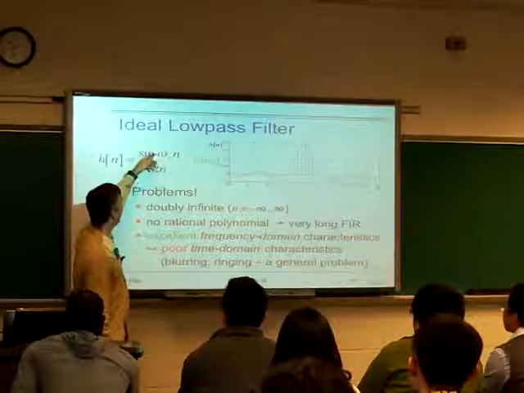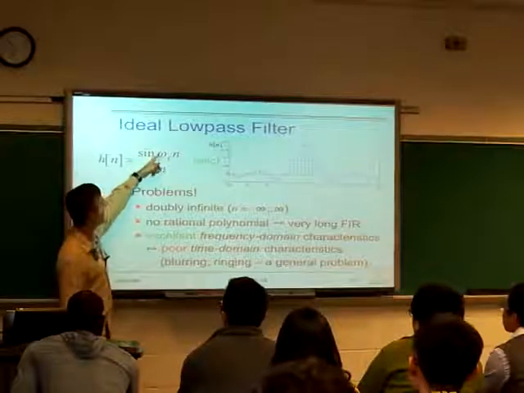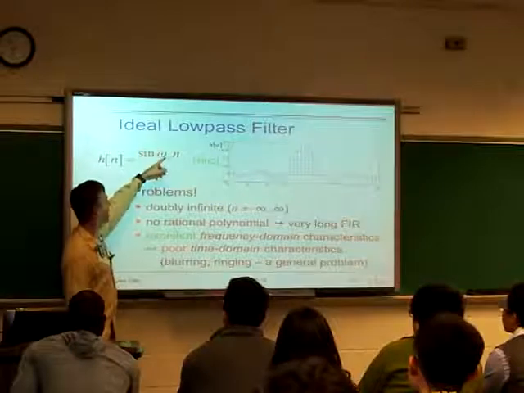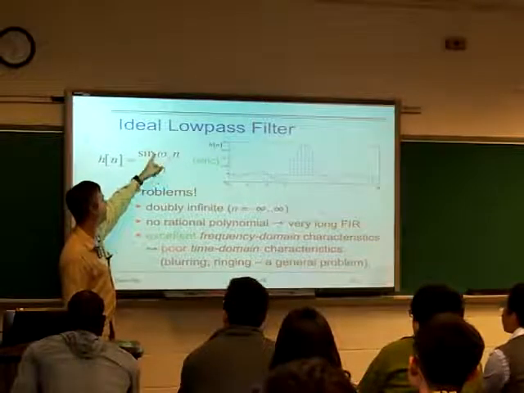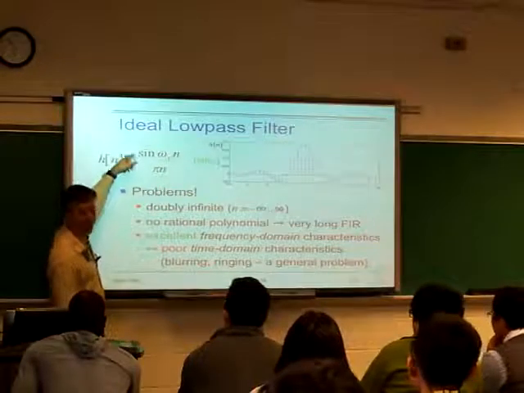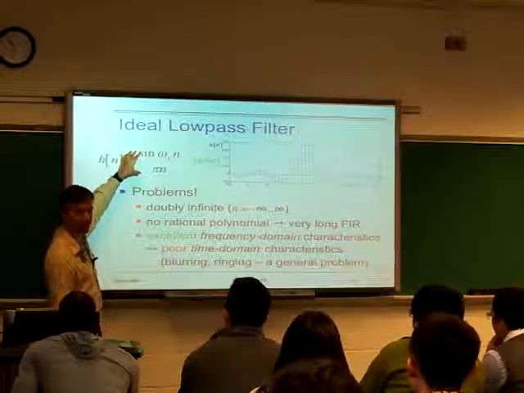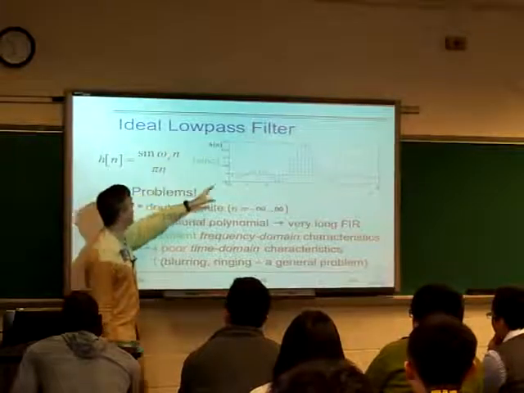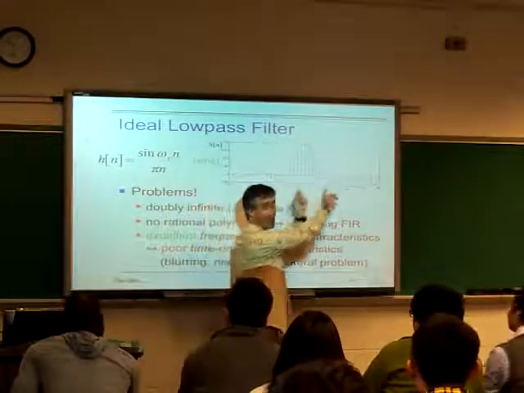But if we normalize omega c to pi times some normalization factor, then we could put that on top, and it'd just be a scaling factor at the front here. The number in here is important because that's basically the period of the sinusoid.